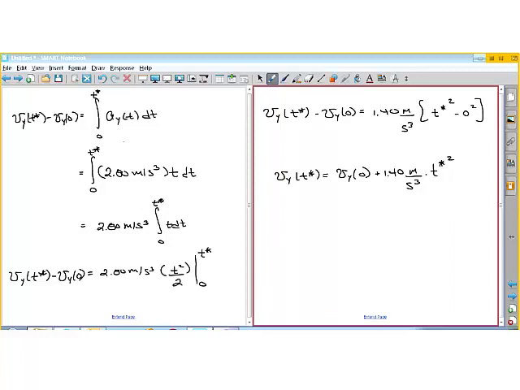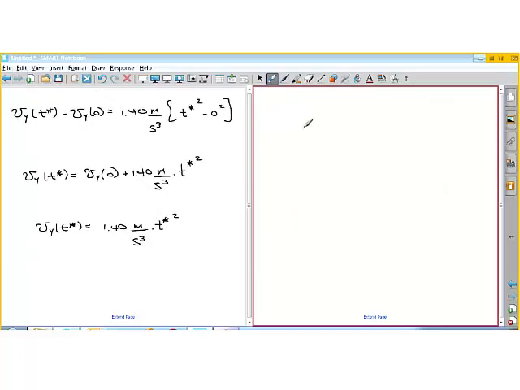So the original acceleration was linear. The velocity is a quadratic. Now v y of 0 is 0, so we can just say that v y of t star is equal to 1.40 meters per second cubed times t star squared.